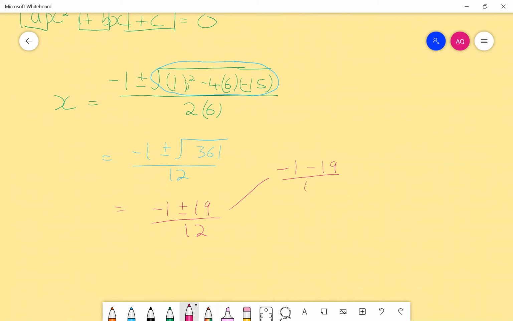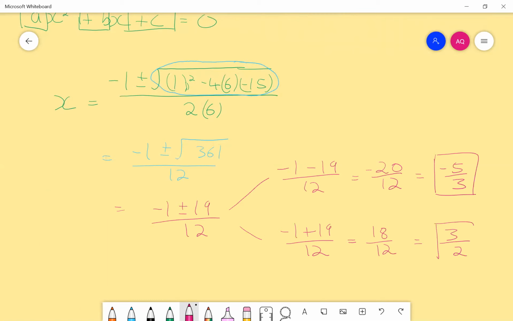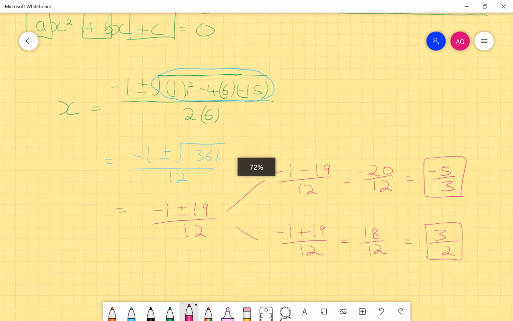Minus 1 minus 19 over 12, which is minus 20 over 12, which will simplify to 10 over 6 or 5 over 3. Okay, or else you could have minus 1 plus 19 over 12, which is 18 over 12, which simplifies down to 3 over 2. Okay, so there are two solutions to that quadratic equation.